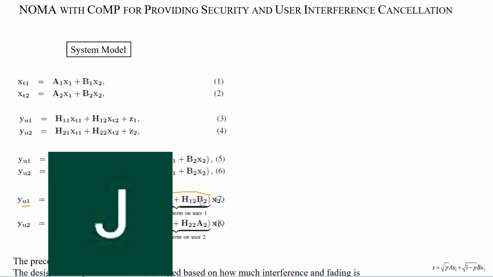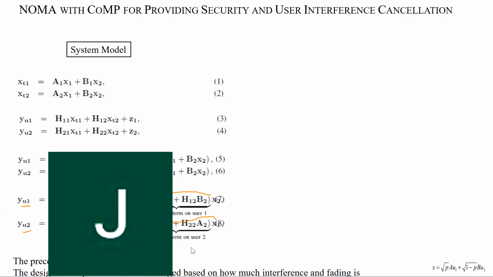But if this x2 remains, it will cause interference to me, and I will not be able to decode my own signal x1. And the same thing for user 2 signal. For user 2, I'm interested in receiving x2, my data, but unfortunately, I'm receiving also another term, which is x1, with the channel matrices and the precoder matrices.